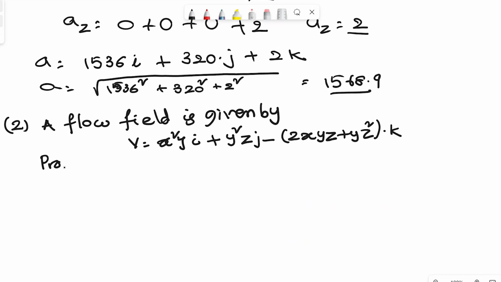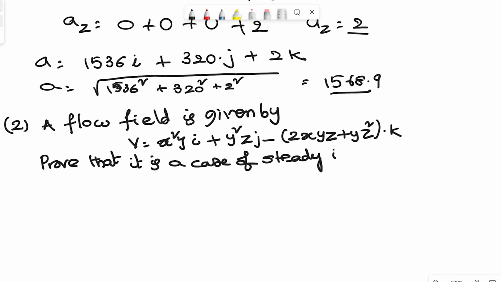Prove that it is a case of steady, incompressible fluid flow. This is the first problem.